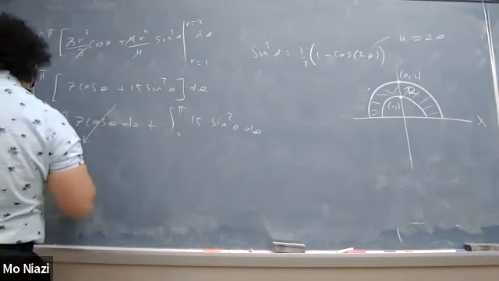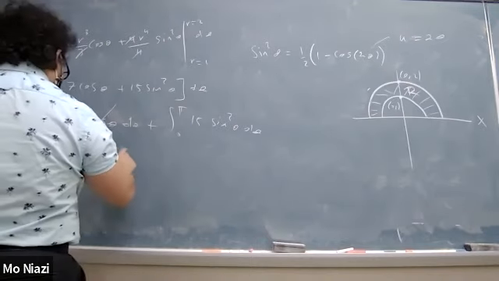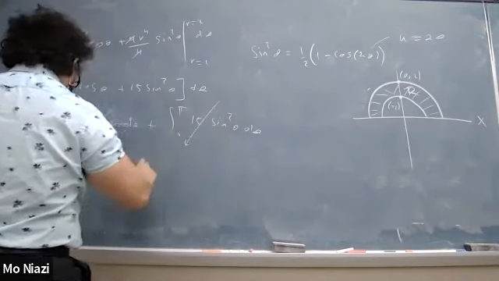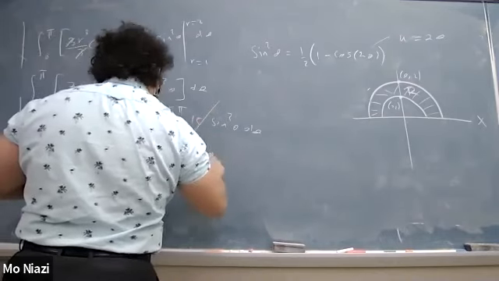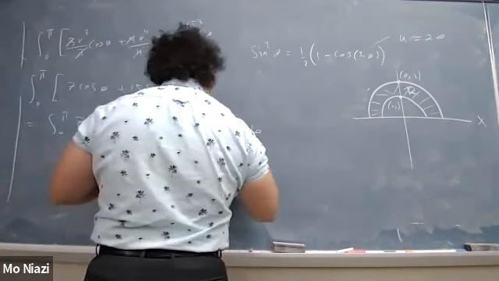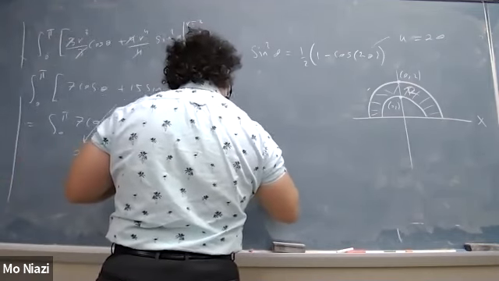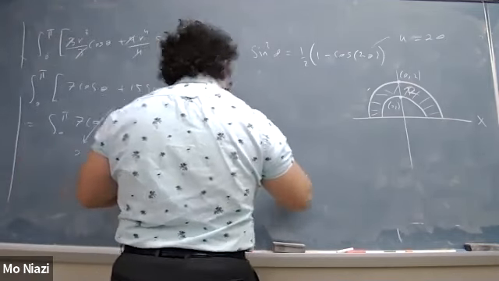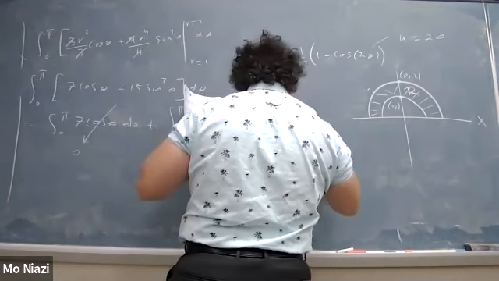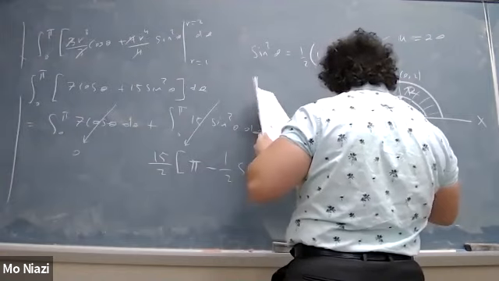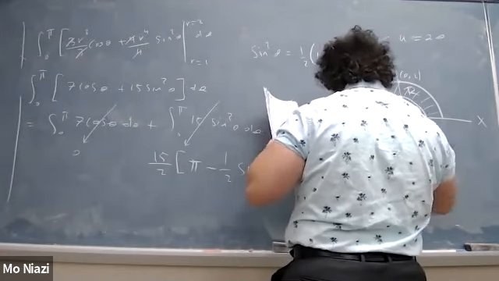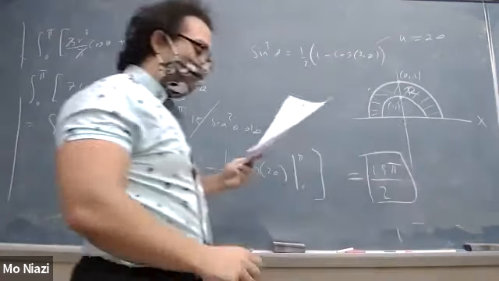This integral over here ends up becoming 15 over 2 times pi minus 1/2 sine of 2 theta, evaluated from 0 to pi. And so this actually breaks down to just being equal to 15 pi over 2 once you do the evaluation.